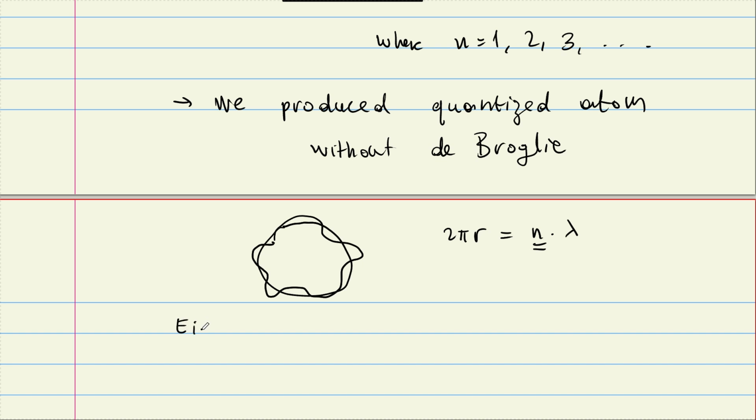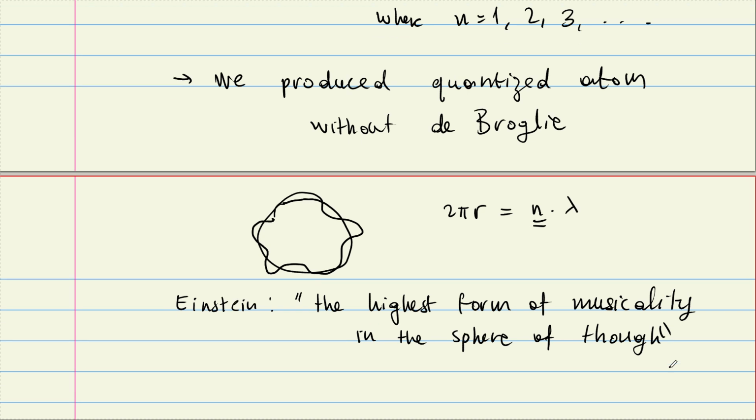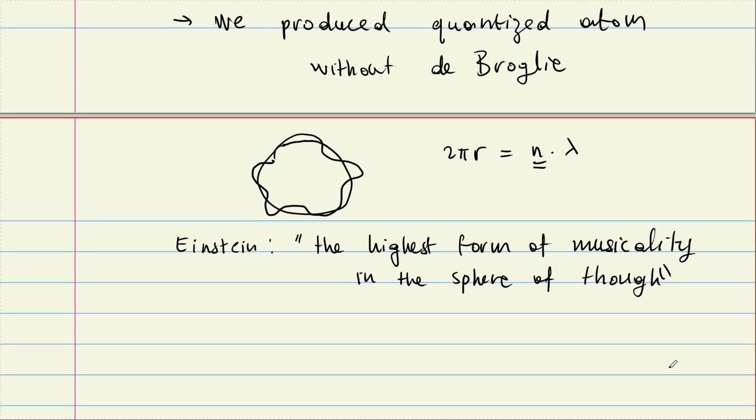So Einstein, I think Bohr had one paper with several results, and he called this the highest form of musicality in the sphere of thought. This is a famous quote. If you didn't know, he's referring to this result Bohr derived.